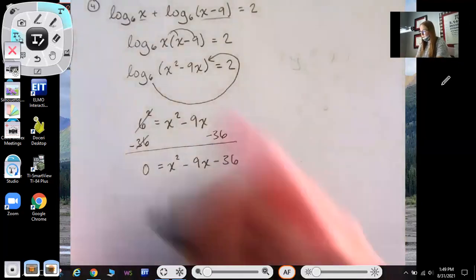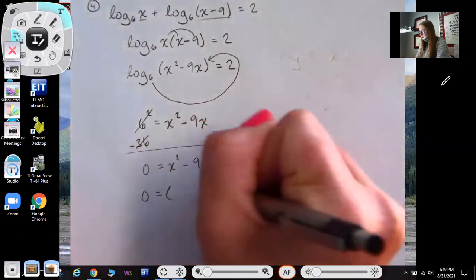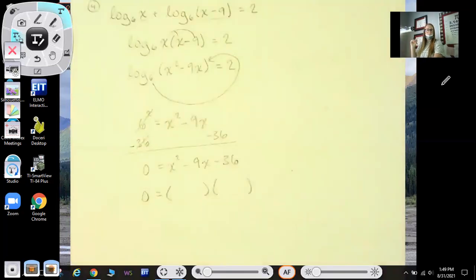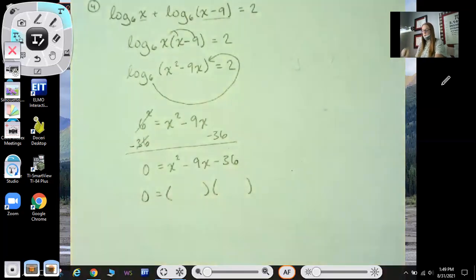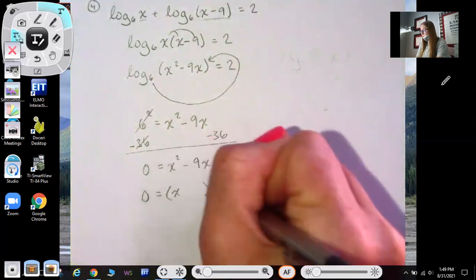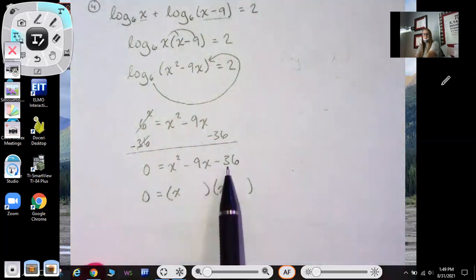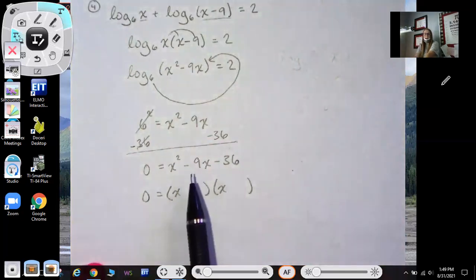Once you have everything on the same side, we can factor into our 2 sets of parentheses. So we know that x goes at the front of both of those. Then we're looking for 2 numbers that multiply to be negative 36 and add to be negative 9.